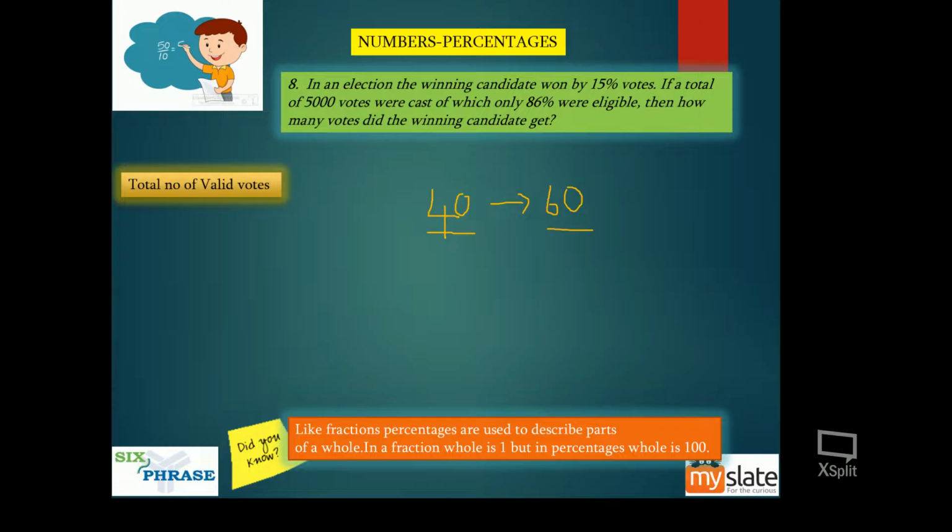It is increase, right? What is the increase percentage? It is 50 percentage. So this number is nothing but the increase percentage from loser's votes to winner's votes. Do you understand? This 15 percentage is the increase percentage from loser's votes to winner's votes.